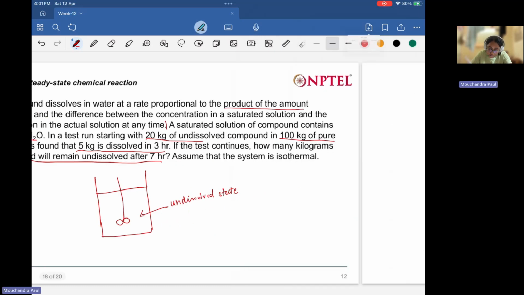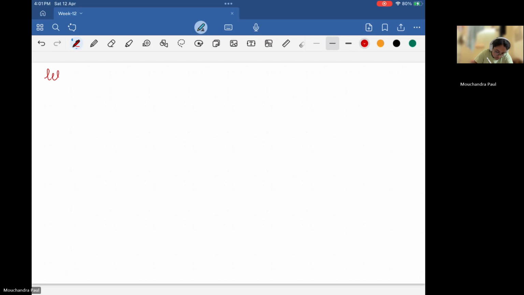So let's consider X to be the kg of undissolved compound at time t.